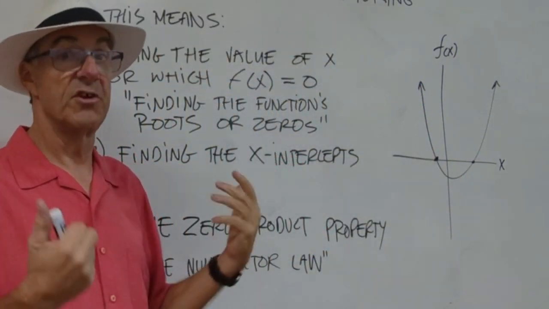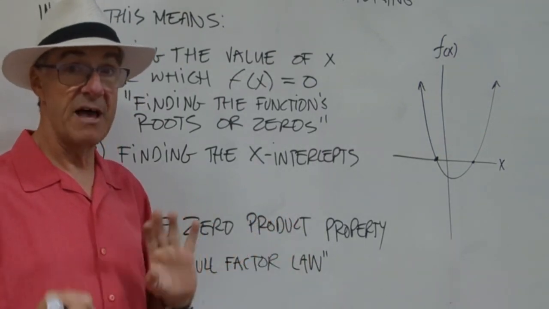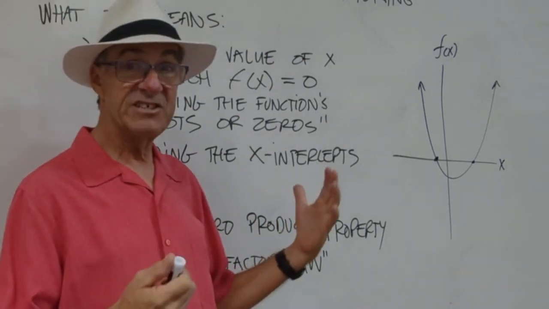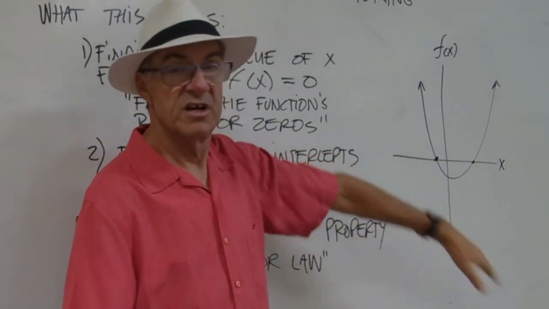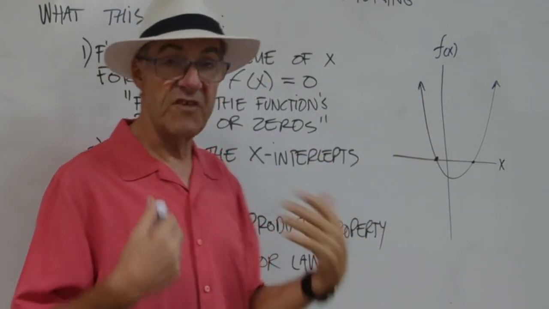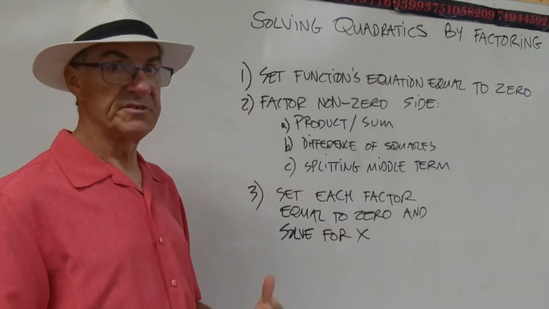We like to call those the roots of the function as well, although that word doesn't quite have a precise mathematical meaning. Zeros is a little bit better. So that's the graphical context. We're not going to graph anything today, but ultimately we will use this process to find intercepts and help build graphs.